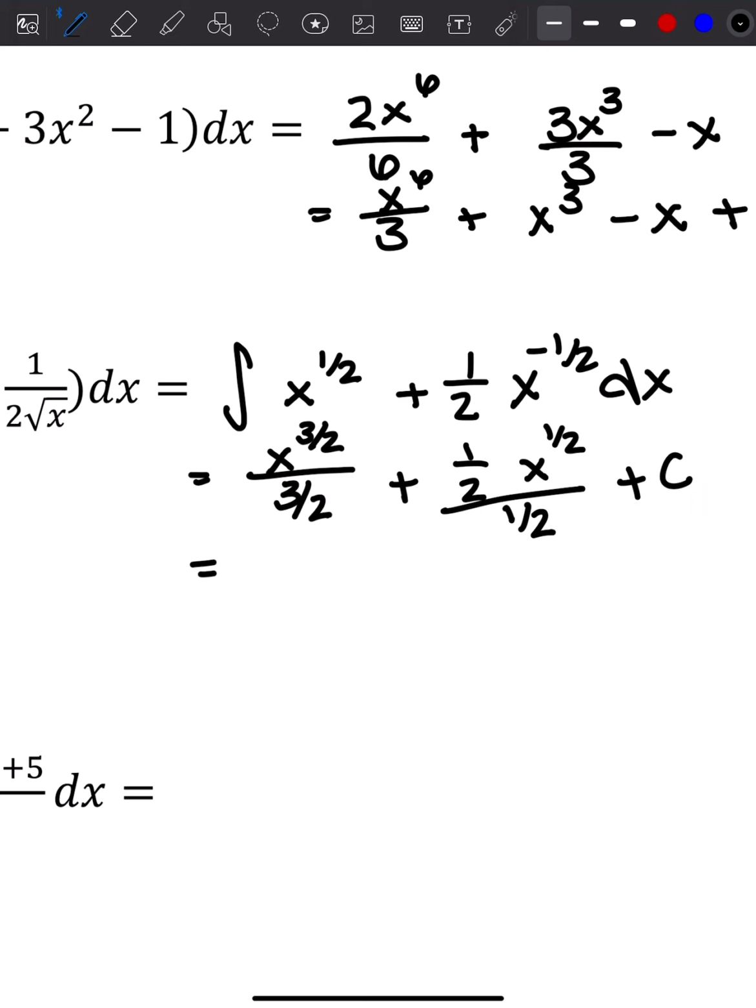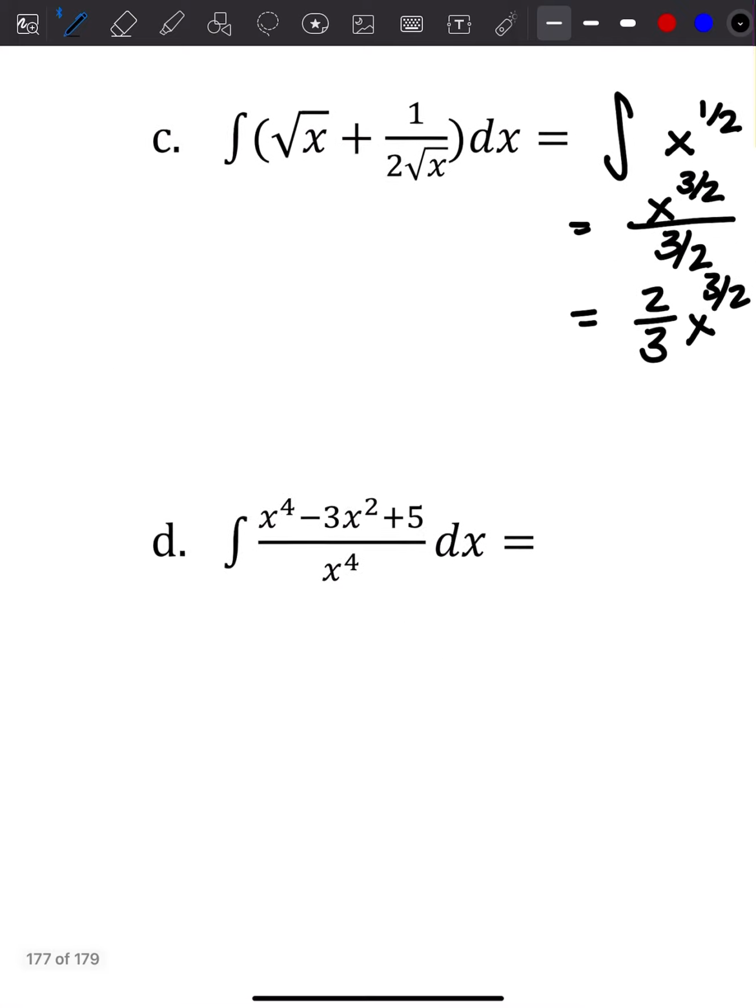If I'm dividing by a fraction, it's the same thing as multiplying by the reciprocal. So I have 2/3 x to the 3/2 plus 1/2, and we're dividing by 1/2. So 1/2 times 2 over 1 is going to give us 1. So we have 1x to the 1/2 plus c. I could write it as 2/3 times the cube root of x squared plus the square root of x plus c, but we can also leave it like this.